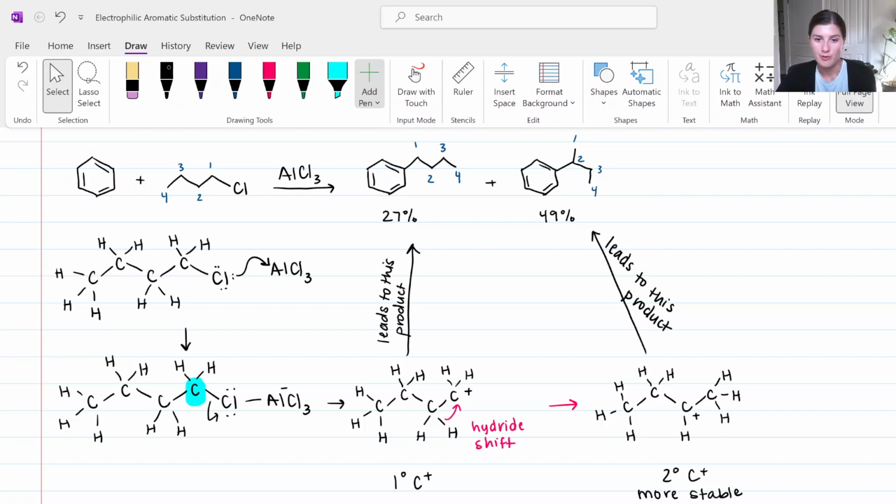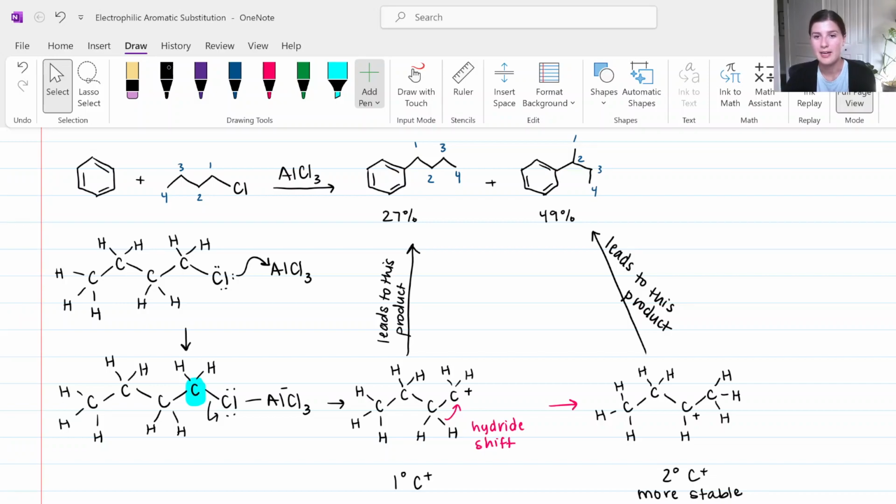Now I do want to note this is not a complete mechanism. I've shown only generating the electrophile. I haven't shown generating the carbocation in the ring or removing the beta hydrogen. So if you were asked for the complete mechanism, this is not enough information.